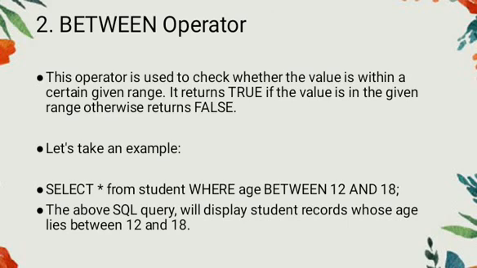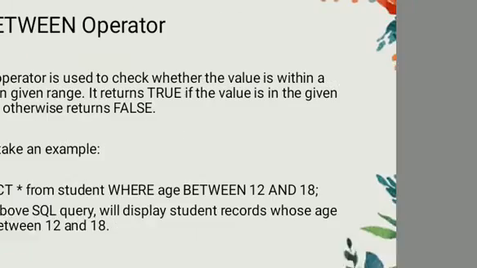It returns true if the value is in the given range, otherwise it returns false. For example, select * from student where age between 12 and 18. The above SQL query will display student records whose age lies between 12 and 18.